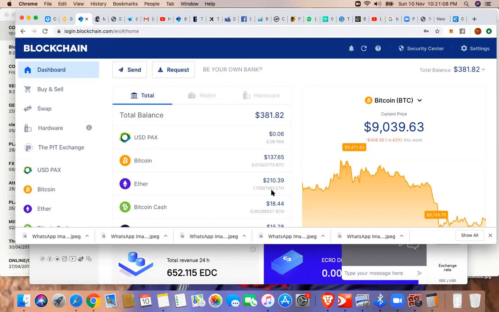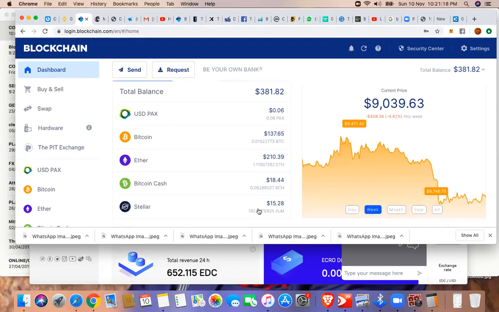This is a holding. So Ethereum 1.1, Bitcoin Cash 0.06, just $18, guys, and that one they gave us that time, Stellar Lumen, it's none of my business. If in the next 10 years they are going to do something reasonable, it's their business, so it's not my business. So they're going to be there.